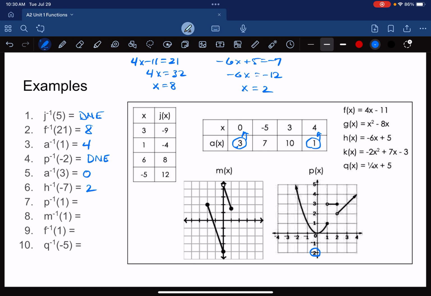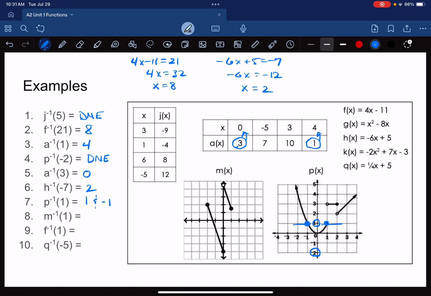Well, P is this graph again here. So P inverse of 1. So if you go to 1, and then you look left or right, you're going to see there are two values. Positive 1 and negative 1. Okay, we probably need to put an and statement there. 1 and negative 1. Okay.